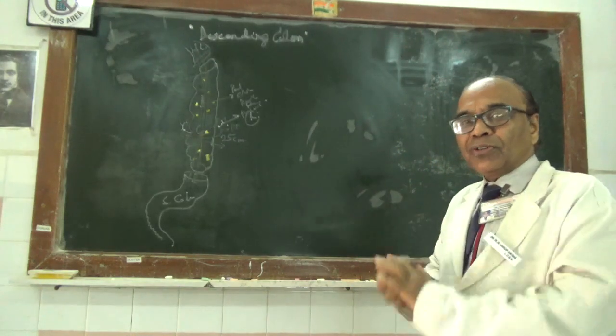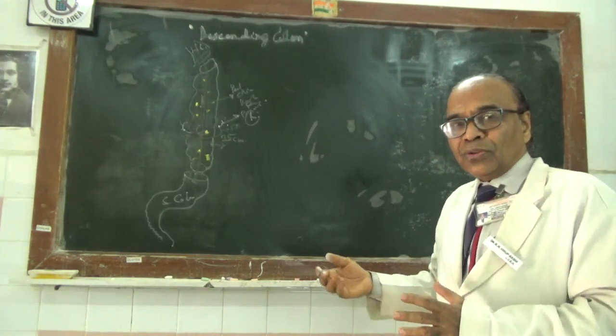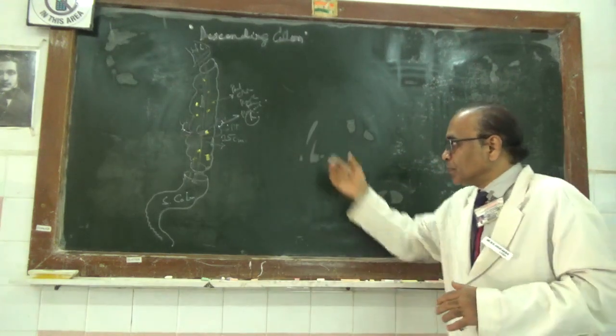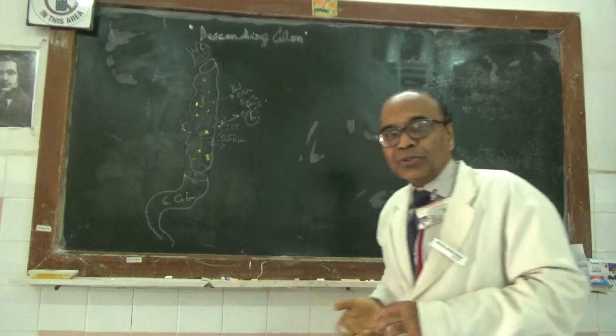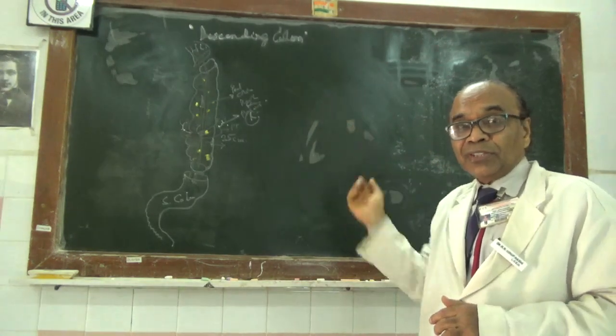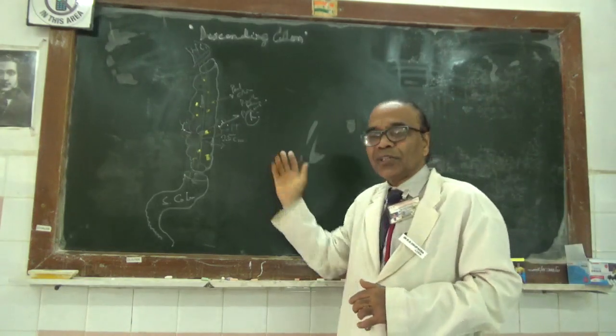Now there you have the retrocolic pouch, very small. So these are the things you will get in the descending colon, same as the ascending, but on the left side.